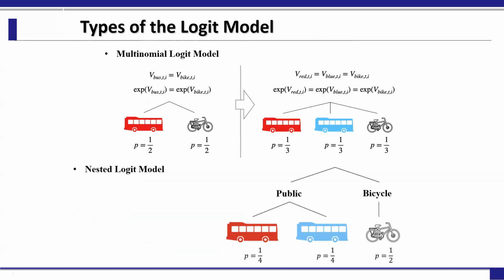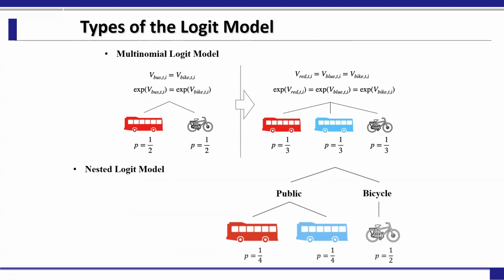Then why was the nested logit model developed? For example, for James-san, commuting by public transport or bicycle has the same utility. I'm not sure which is better for you. However, say the probability of choosing public transport is 50% and bicycle is 50%, and your bus is red.